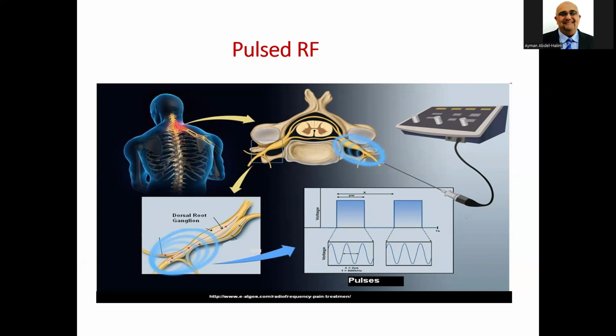And damaging the nerve can lead to undesirable sequelae, especially in the intercostal nerve area. You can damage the motor nerves going to the abdomen, and this can lead to a hernia because you're going to weaken the muscles going into the abdomen.